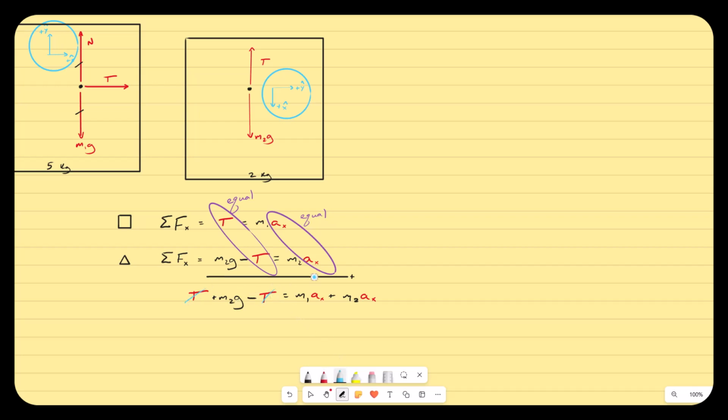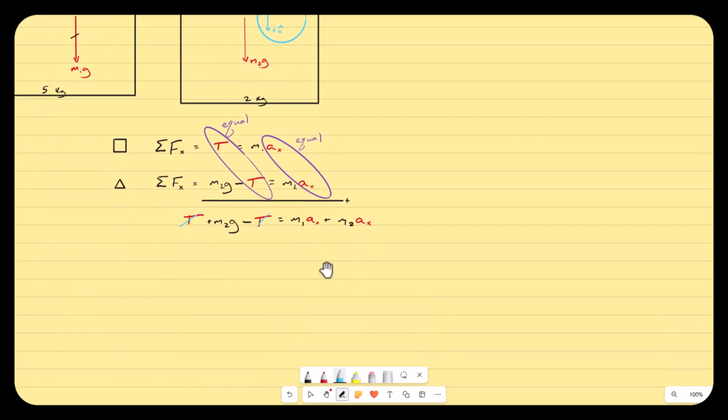T and T cancel. I'm going to factor out the a on the right. So the left side becomes m2g, and the right side becomes m1 plus m2 times ax. That lets me solve for ax. Ax is going to be m2g over m1 plus m2.